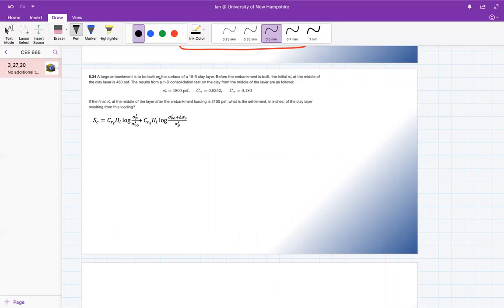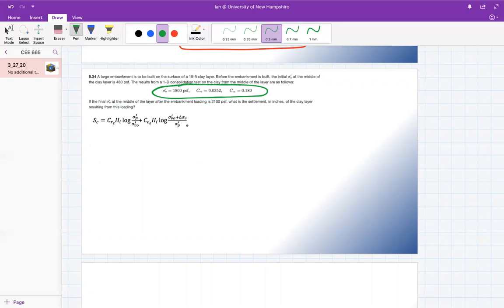The result from an odometer test or a consolidation test on the clay gives us these parameters. And if the final effective vertical stress at the middle of the layer after the embankment loading is 2100 psf, what is the settlement in inches of the clay layer resulting from this loading?